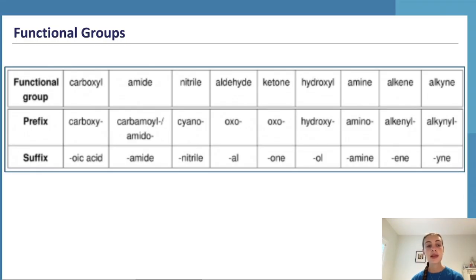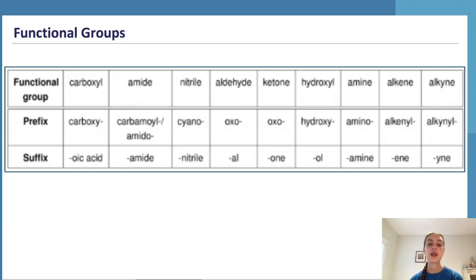With amides, generally the suffix will be amide. However, sometimes the prefix of carbamoyl or amido is used, typically if it is a lower priority functional group. Same with nitriles, we're typically using the suffix of nitrile. However, sometimes the prefix of cyano is used when it's a lower priority functional group.